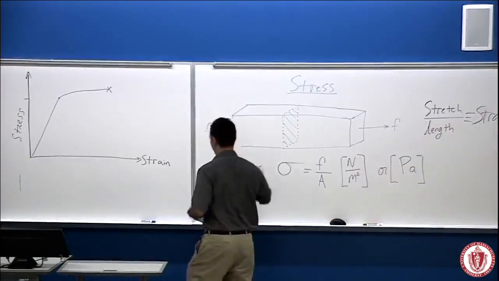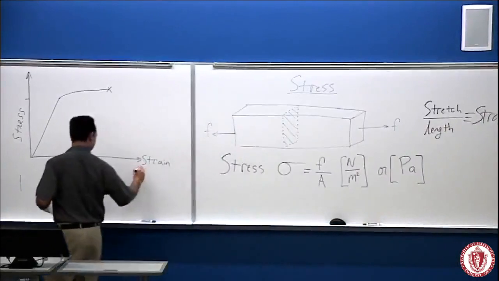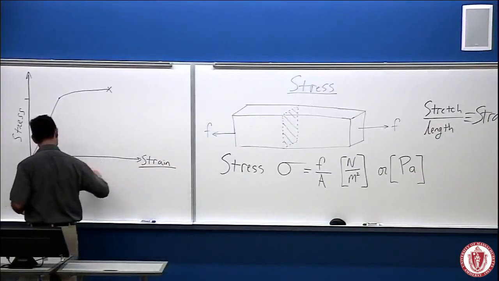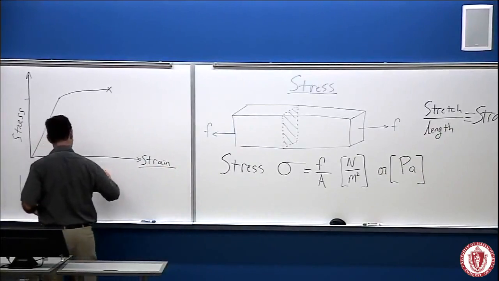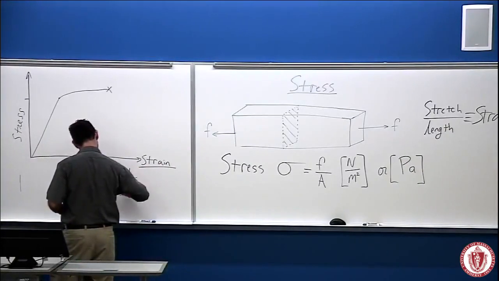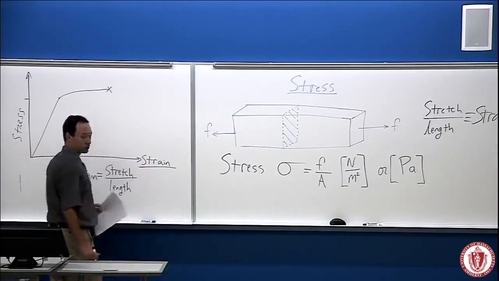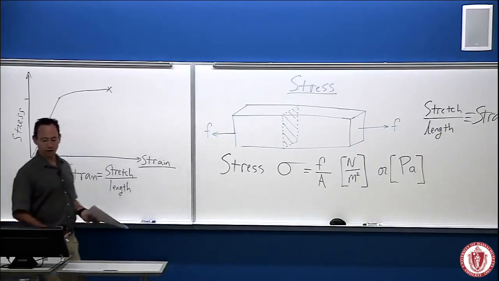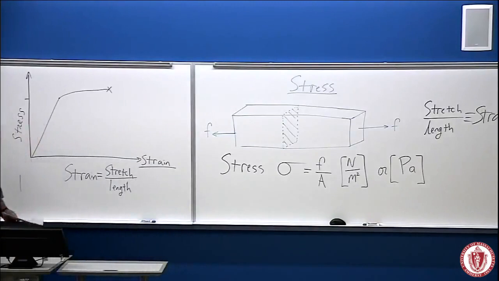That got cut off a little bit, so I'll just define it again over here. Strain is the stretch per length. So it's often given either dimensionless or as a percentage.